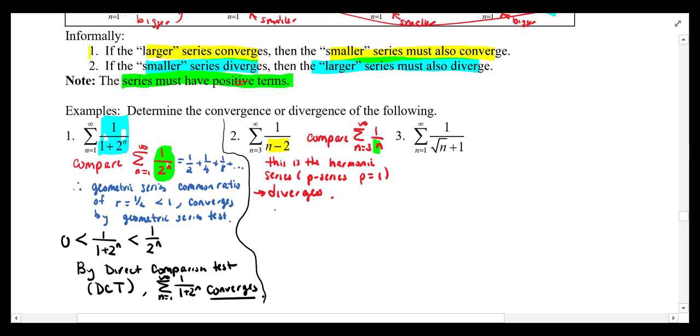So therefore, I think we can say that 1 over n minus 2 is bigger than 1 over n. And once again, all of these are bigger than 0. So by the direct comparison test, we know that the sum from n equals 3 to infinity of 1 over n minus 2 must be, that's right, divergent as well.